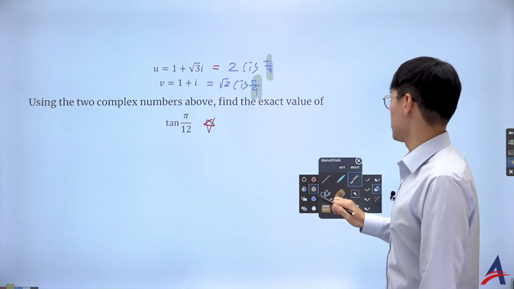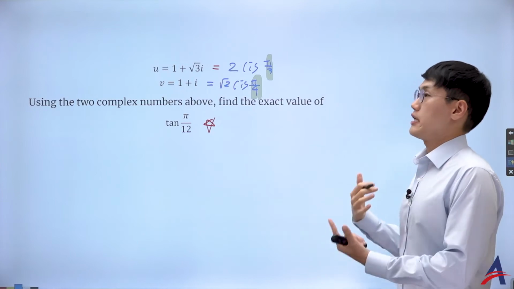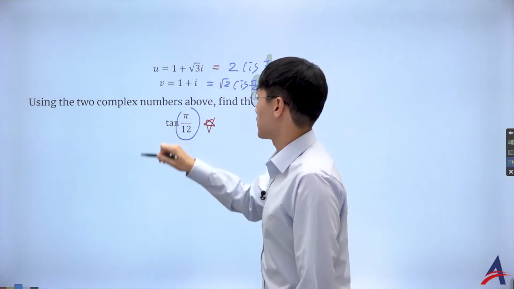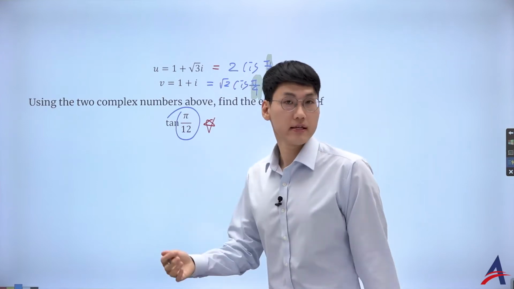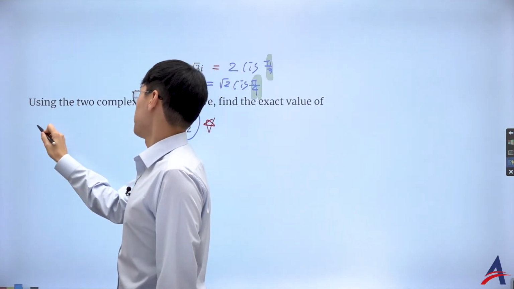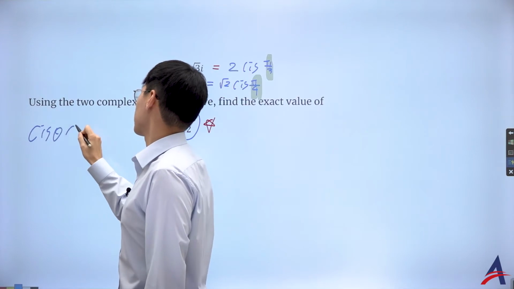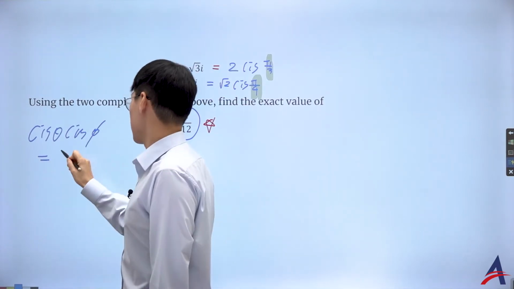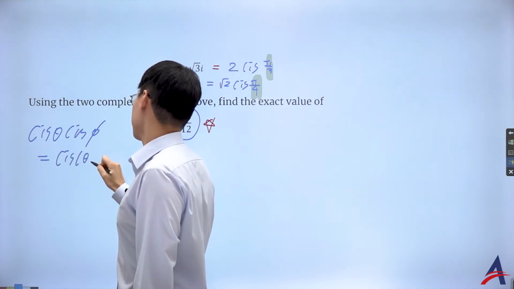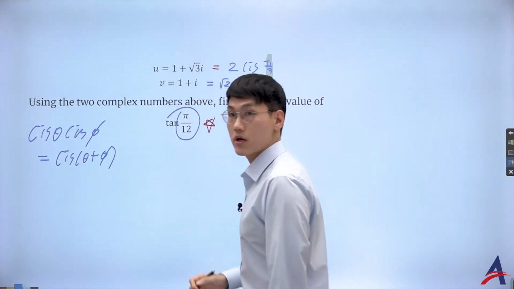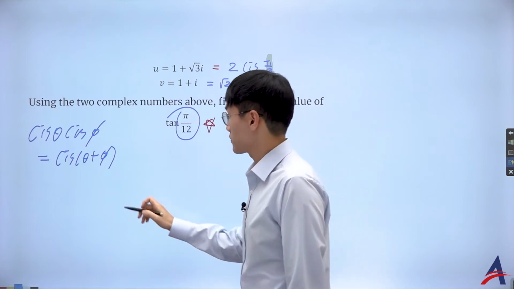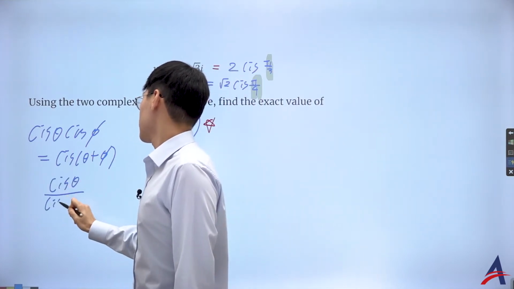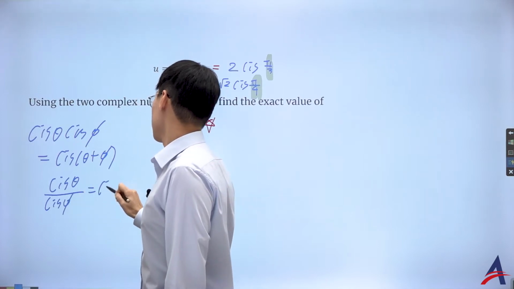And what I want to do here is to either add or subtract to induce the angle pi over 12. As you know, if we multiply, for example, the complex numbers, you realize that I can add the argument, right? So it's going to be cis of theta plus phi as the product of the complex numbers, and if we divide cis theta over cis phi, that's going to be the difference.